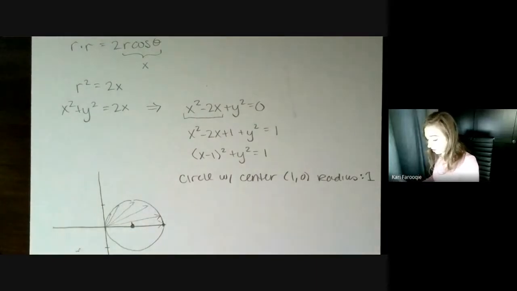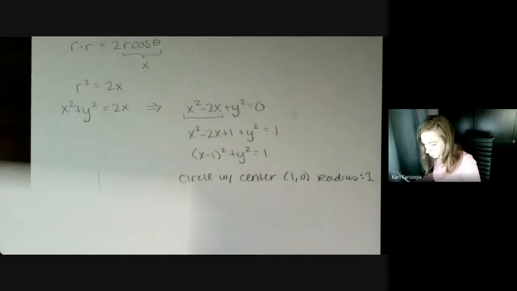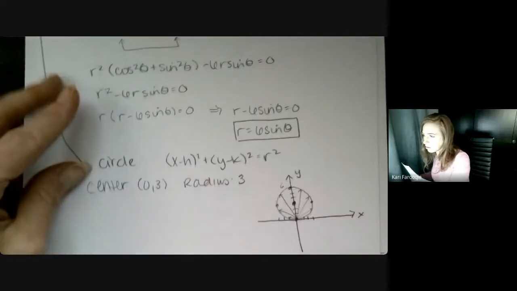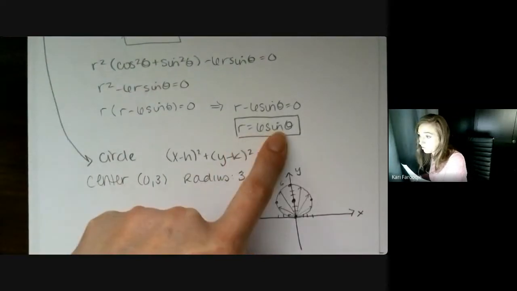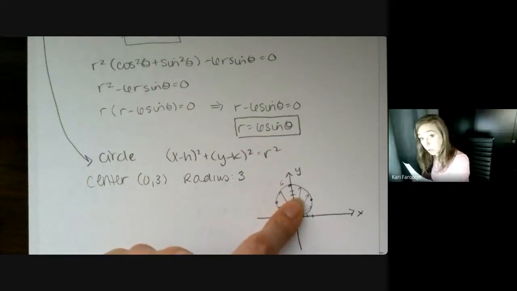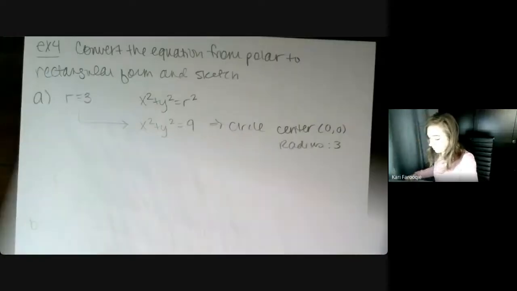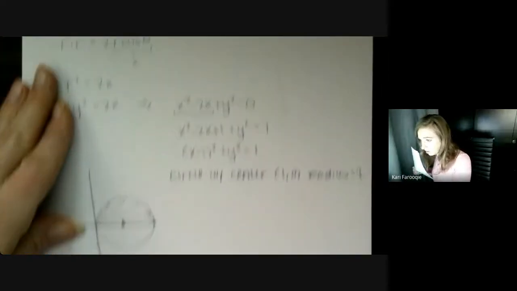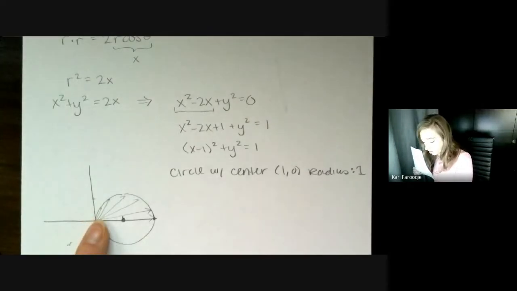But hopefully now, let's talk about the similarities between those. For example 3B, we had r equals 6 sine theta, and you could see that the circle was actually just shifted up from the origin. Whereas example 4B, we had 2 cosine theta, and when it was a cosine theta, it was shifted to the right instead of up.